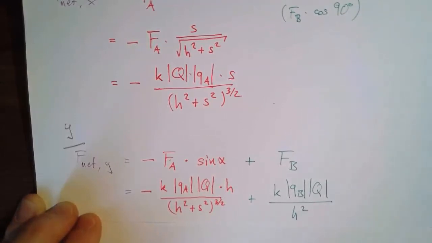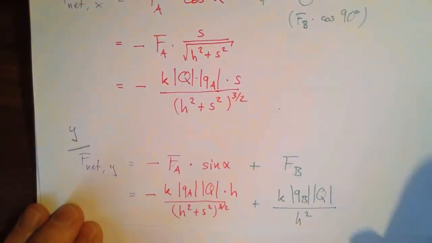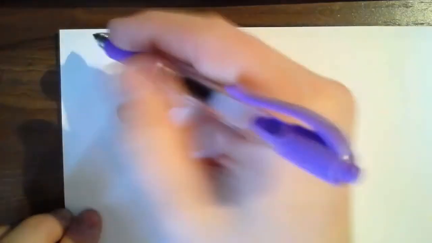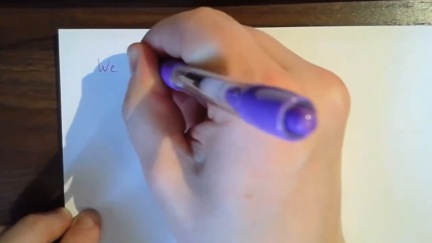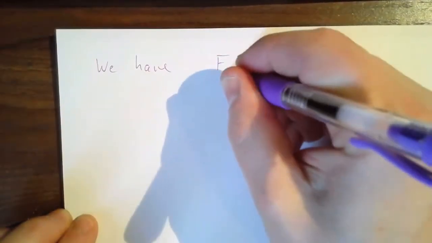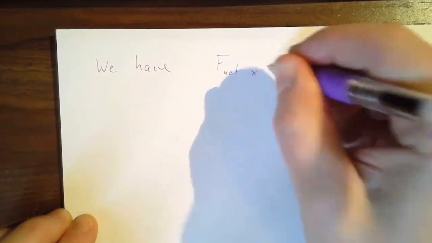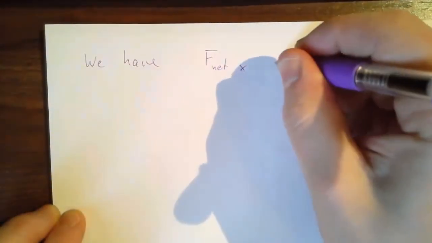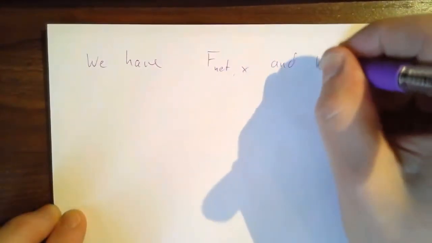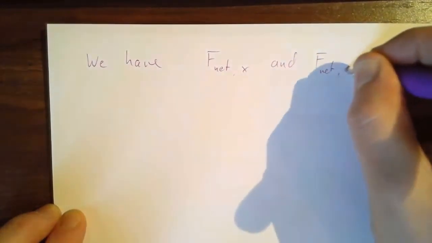If you want to convert this to a magnitude and an angle, well, let's do it. I'm not going to write it all out. I'm just going to assume now that we have F net in the x direction, and we have F net in the y direction, right? We do.